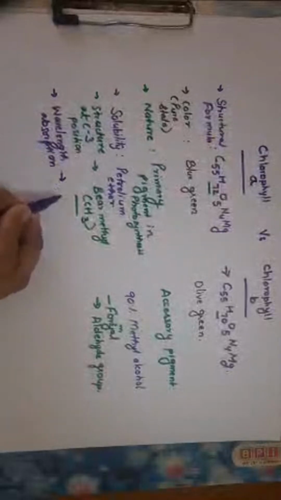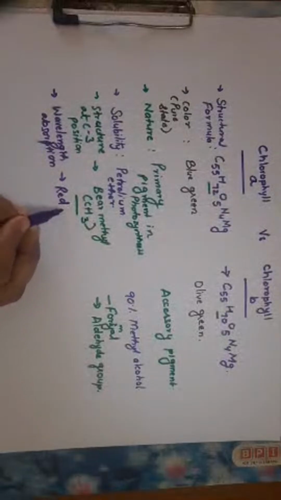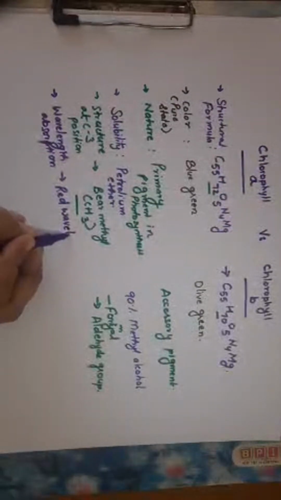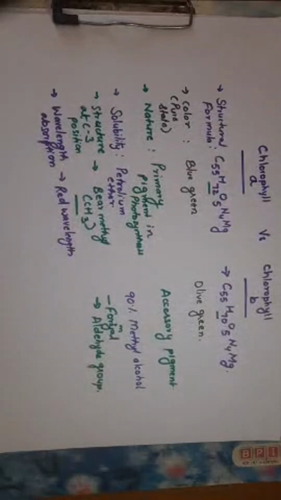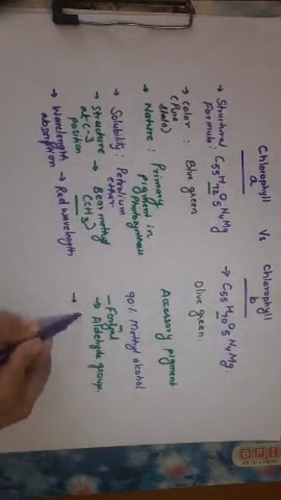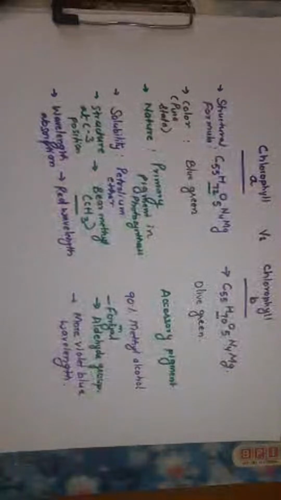Students, chlorophyll A will absorb more red wavelength in comparison to the violet blue wavelength of the light, whereas chlorophyll B will absorb more violet blue wavelength than the red wavelength of the light.